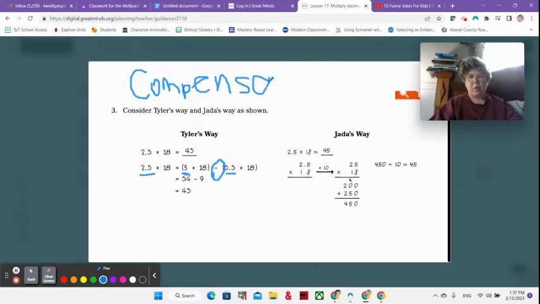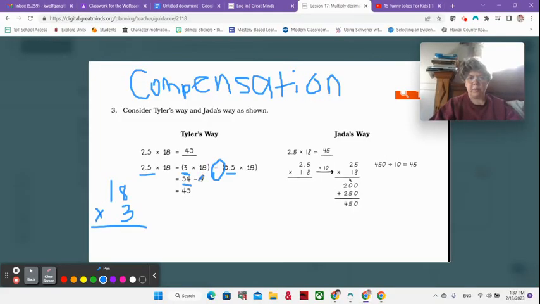So what Tyler did was he compensated and he rounded up to the nearest whole number, right? So he went from 2 and 5/10 up to 3, multiplied 3 times 18 is 54. Maybe did it on the side, right? 18 times 3. I'm not going to go through the multiplication, but that's what he could do.